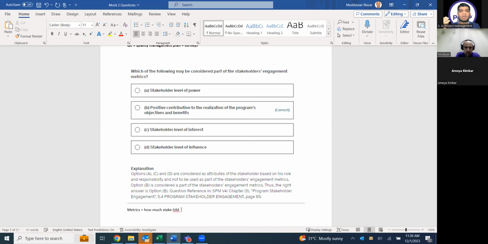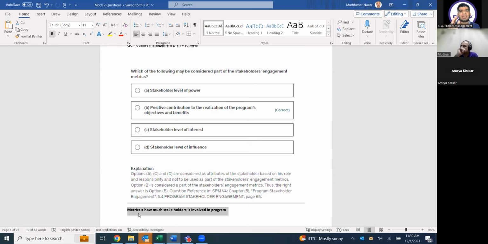Only those stakeholders will have more attendance who have a positive contribution to the realization of program objectives and benefits. Even if my sponsor is very strong, maybe his attendance is low. For example, we have a national assembly. How much time does the prime minister go to the assembly? Maybe 2 days out of 365, right?